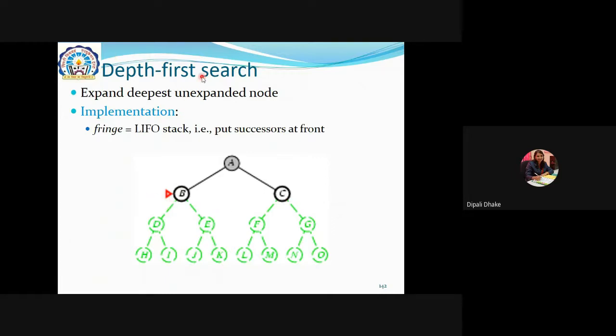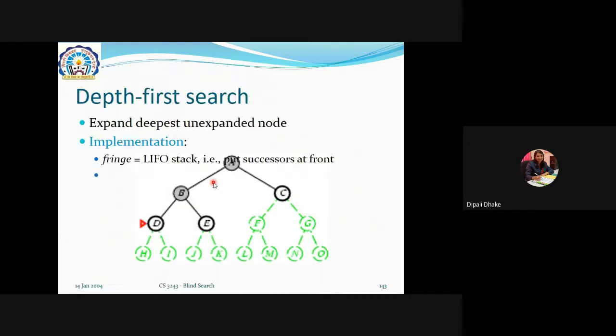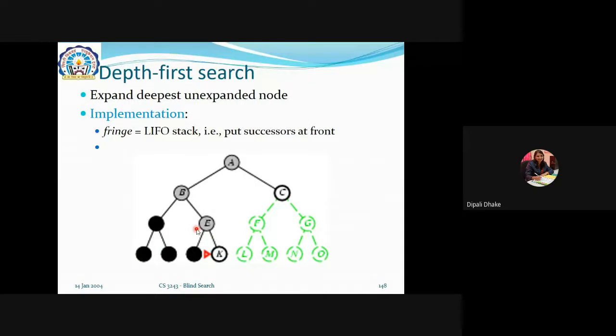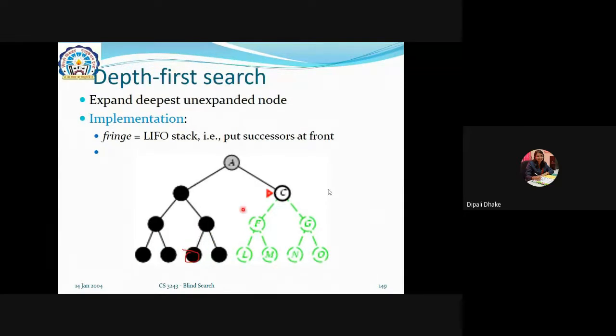But the DFS is the vice versa of the BFS. It will follow the deepest path. That means after covering a single node of the first level, you have to cover each and every sub node of that particular level. See here. After A, it's B. What are the sub nodes of B? D, E, H, I, in this way. Then it moves towards C.